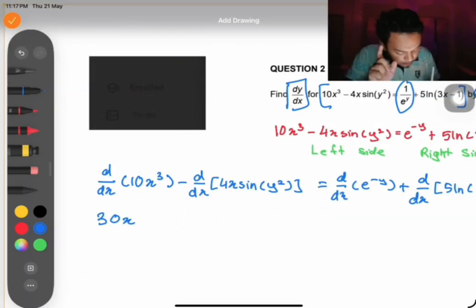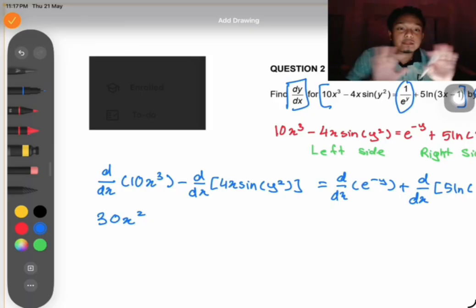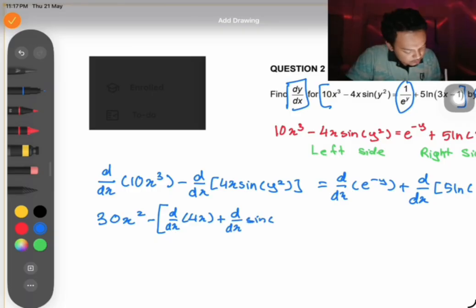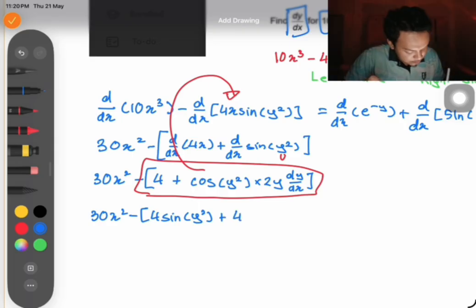We will get 30x squared, then minus 4 sin y, as you can see right here. So there's a 4x cos y times dy/dx.